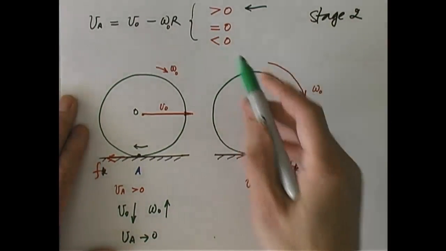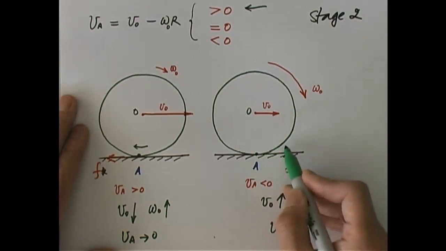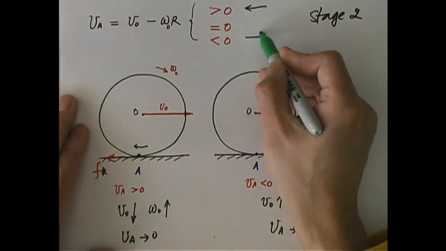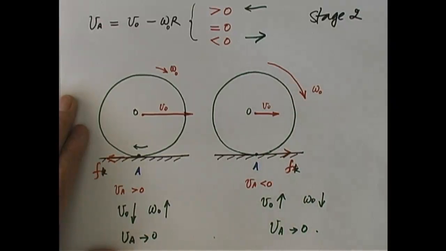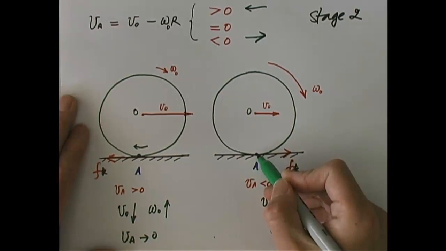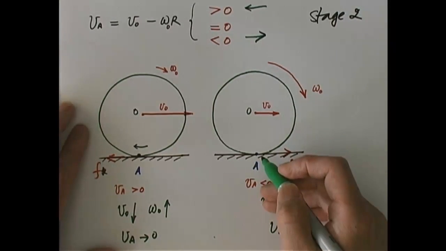And if VA is less than 0, the contact point slides backwards, the force of friction is automatically forward, that is forward English. In the middle, of course, when it's equal to 0, you're just perfect, you strike in the right spot. Point A does not slide at all, either forward or backward, and the friction is simply 0. The speed will never change afterwards.